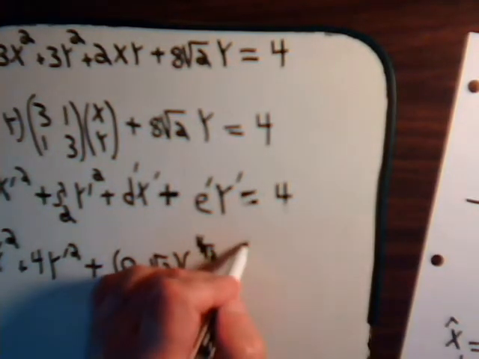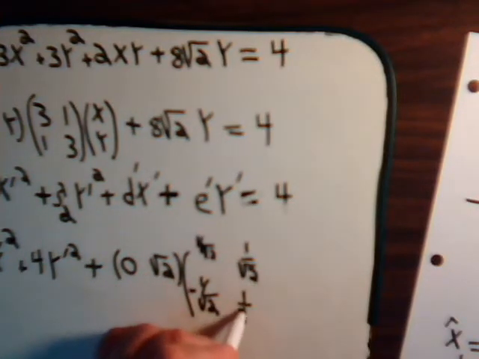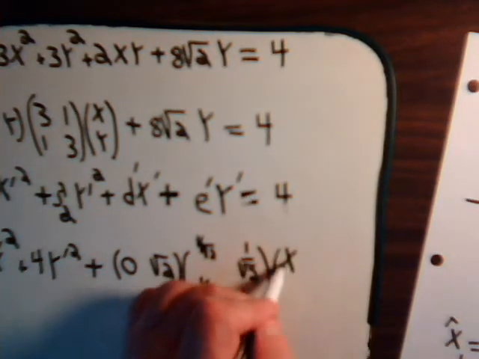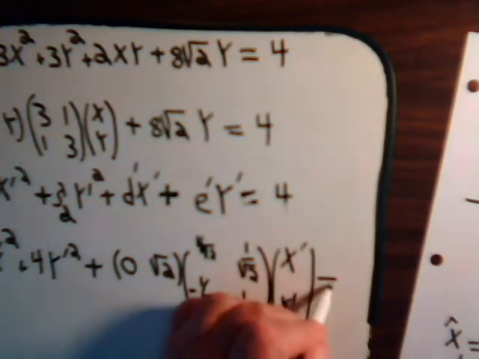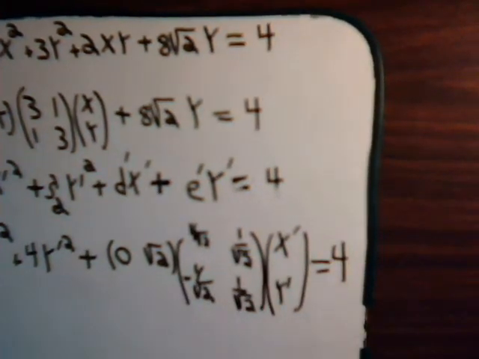And the second column is just 1 over the square root of 2, 1 over the square root of 2, times x prime y prime equals 4. And this is the Model matrix.